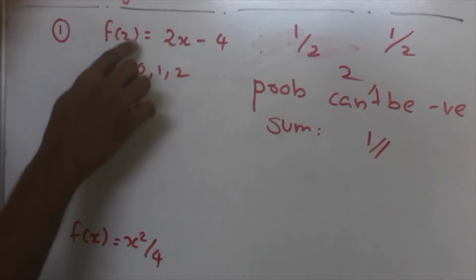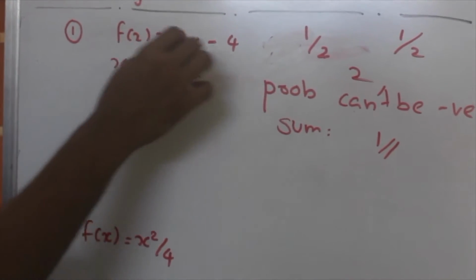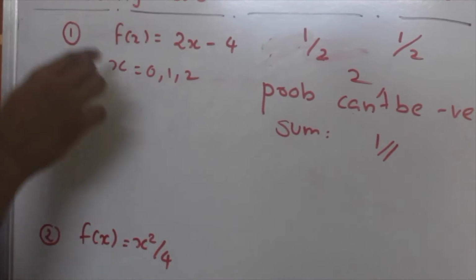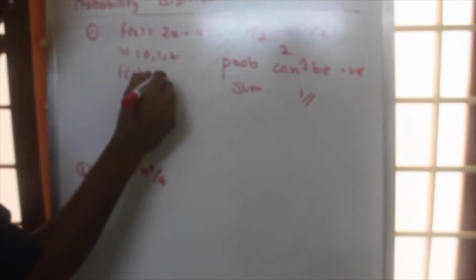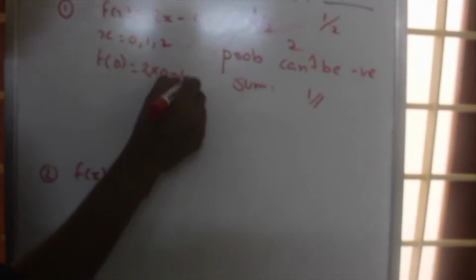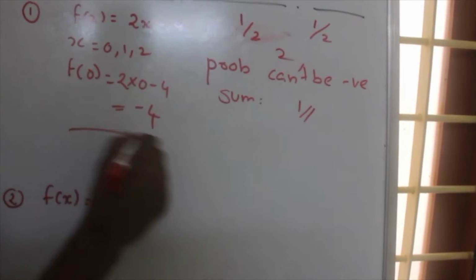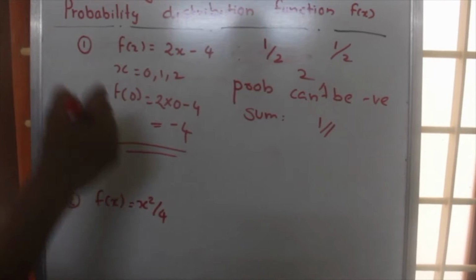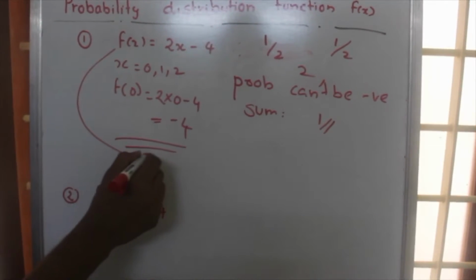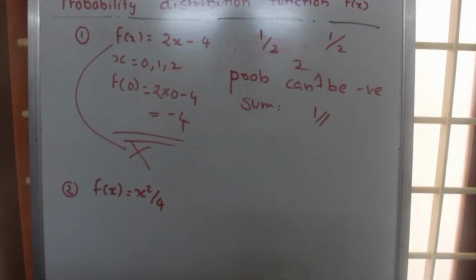If we supply different values to x, the value should not be negative. If we supply x equal to 0, then f of 0 is equal to 2 into 0 minus 4, that is minus 4. That means the probability becomes negative. This is not possible, which implies that the given function is not a PDF.